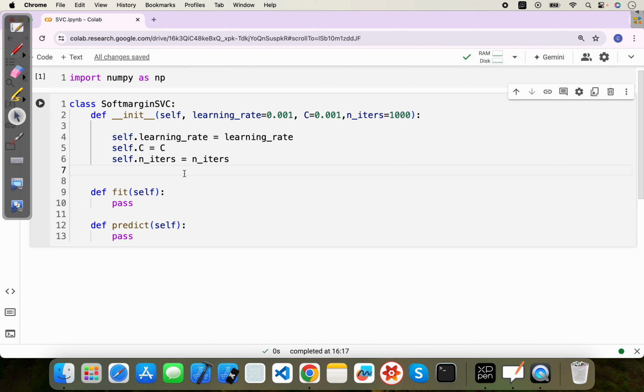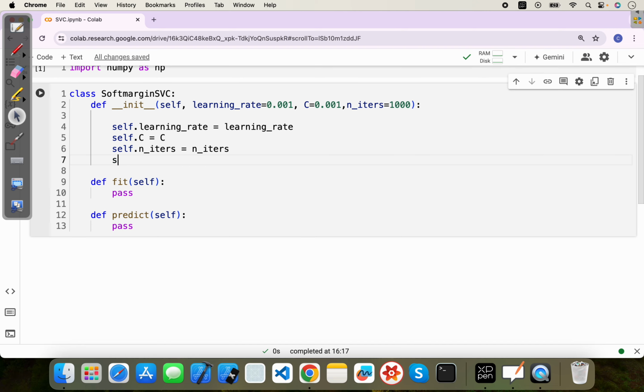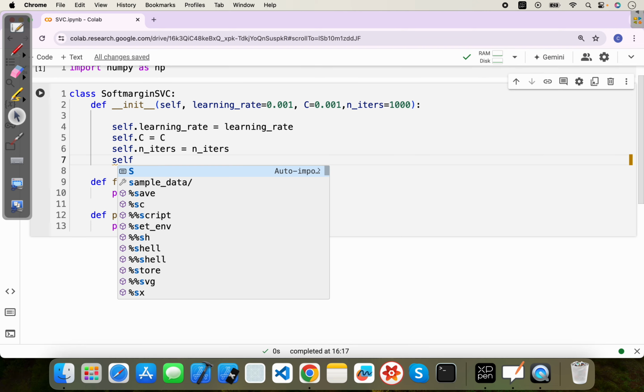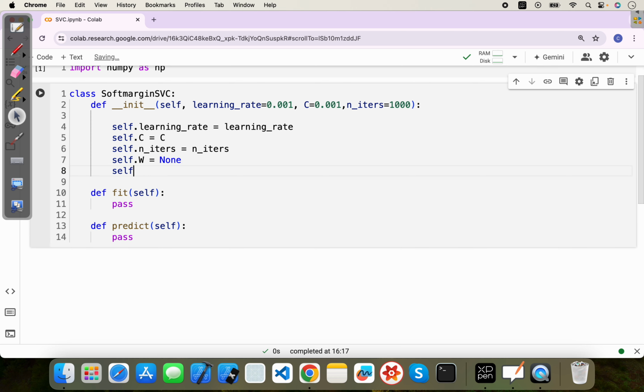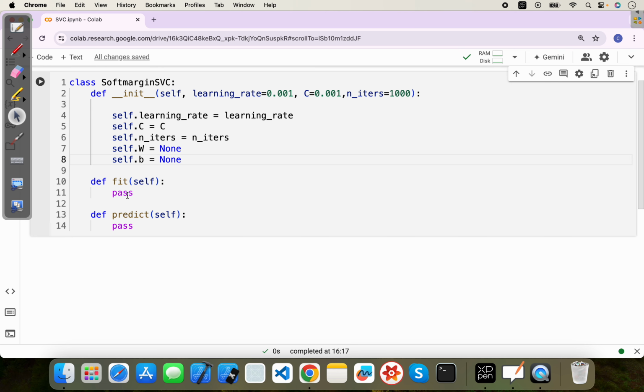Okay, let's define weights and biases as well here and provide initial value as None. Okay, self.b is equal to None, right? So this is all about the constructor. Now this is the fit method. So fit method will require X_train and y_train, right?